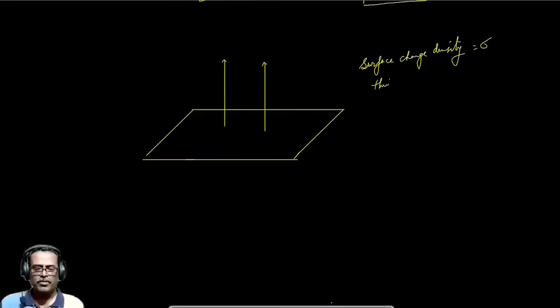So if we consider a small area del S over this sheet, the flux of this thin sheet will be in both directions, that is, in the downward and upward direction. We have to find the electric field at a height r from the surface. So we are taking r from the top and also r from the bottom.